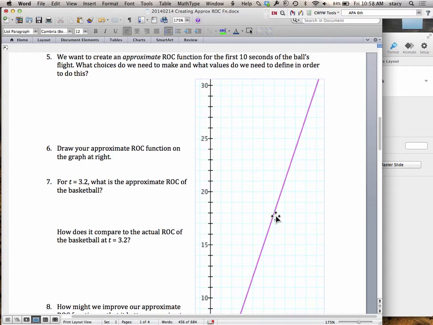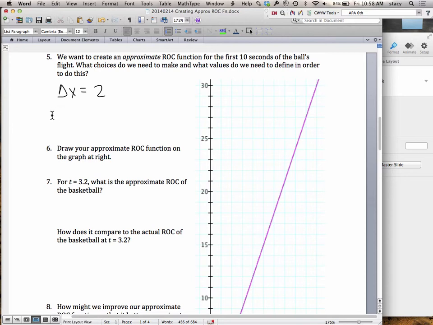So I need to decide how wide I want my intervals to be. How wide do we want our intervals to be? 2? Okay, 2 seconds. I like it. What else do I need to decide?